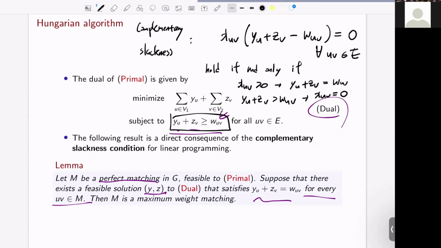Okay, so to satisfy this complementary slackness condition, I can only use an edge that satisfies this constraint with equality. That is the main idea behind the Hungarian algorithm. Is there any question?